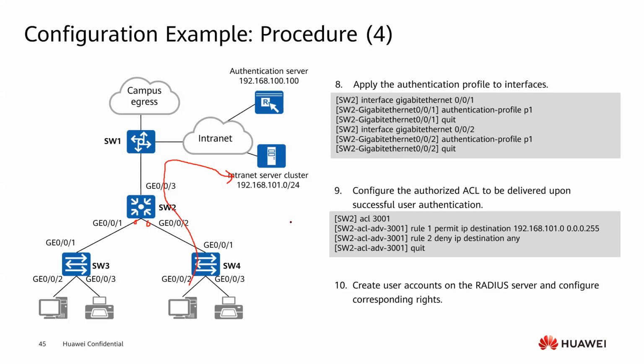So you need to configure the ACL first on the specific SW2, and then when the device accesses these access devices, it will get the authorized information, such as ACL 3001, and then it will control this specific traffic based on these ACL's rules, just like this.